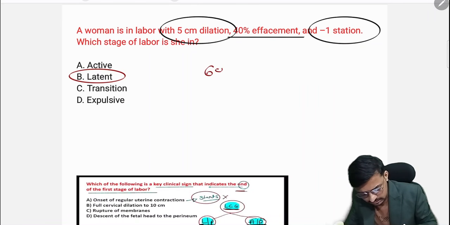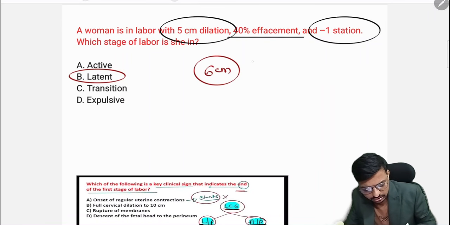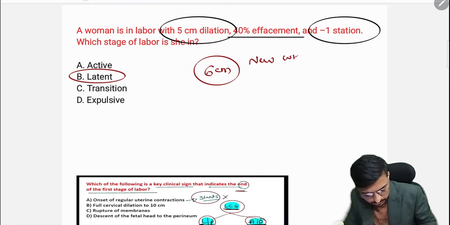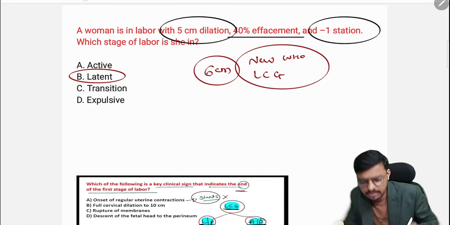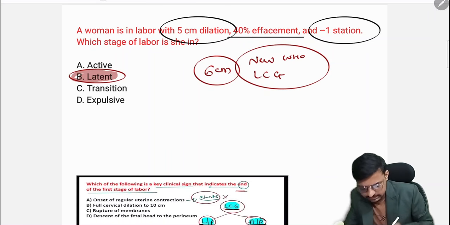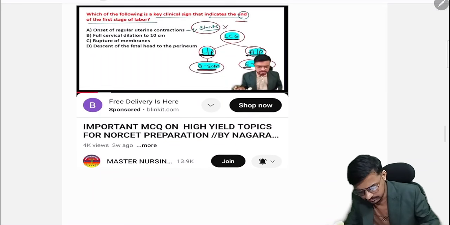The active phase starts from 6 centimeter dilation according to the new WHO labor care guidelines. So this was the answer in your exam. The latent phase is the correct answer. Okay, very important.